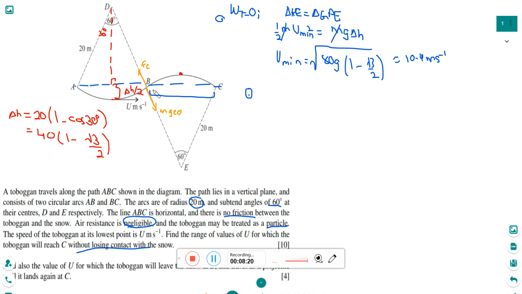The vertical component corresponding to the plane is mg cosine 30 degrees. Equating both forces, you can say that the centripetal force is equal to the weight component, so mv squared over r is equal to mg cosine 30 degrees.